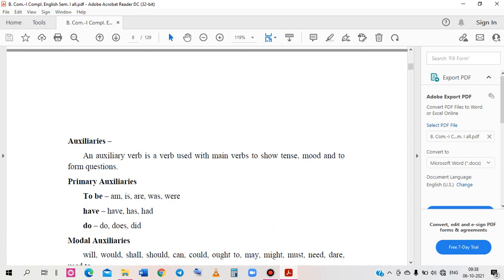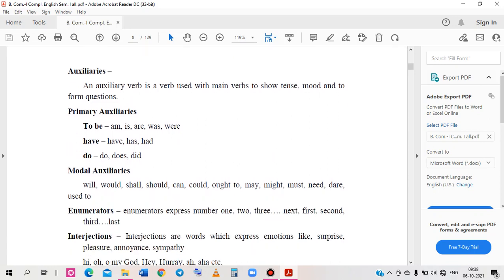So these are the primary auxiliaries. In Marathi we call them helping verbs. Then the modal auxiliaries: will, would, shall, should, can, could, ought to, may, might, must, need, dare, used to. So these are the modal auxiliaries.